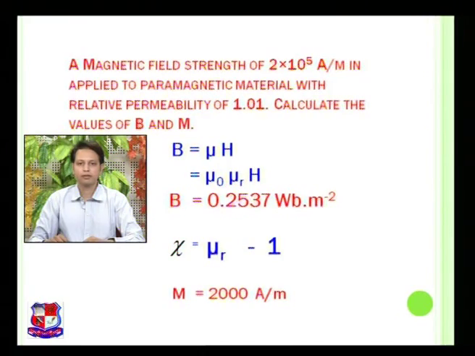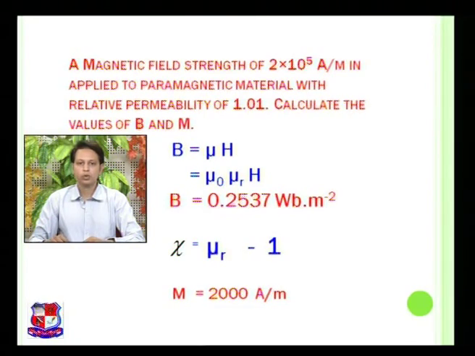My dear friends, B represents the magnetic flux density, which is equal to mu into H, and H represents the applied field.